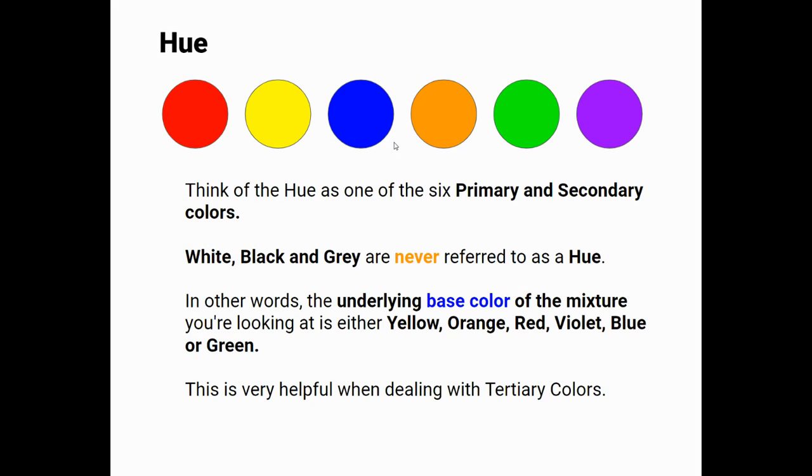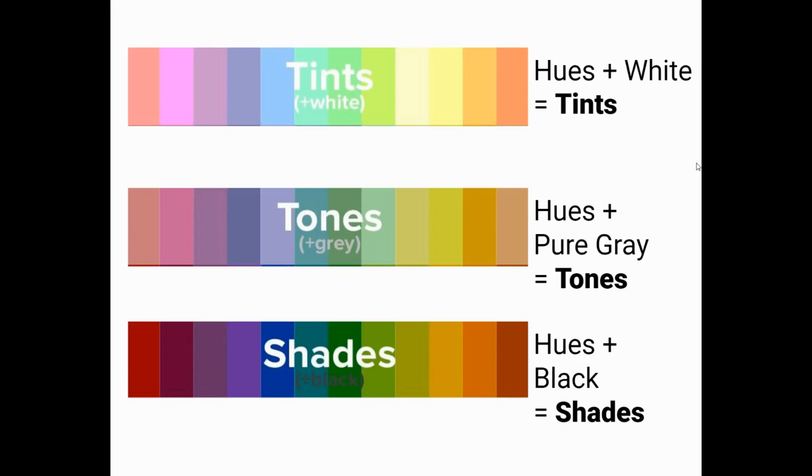Think of hue as one of the 6 primary and secondary colors. White, black, and gray are never referred to as a hue. In other words, the underlying base color of a mixture you're looking at is either yellow, orange, red, violet, blue, or green. This is very helpful when you're dealing with your tertiary colors.